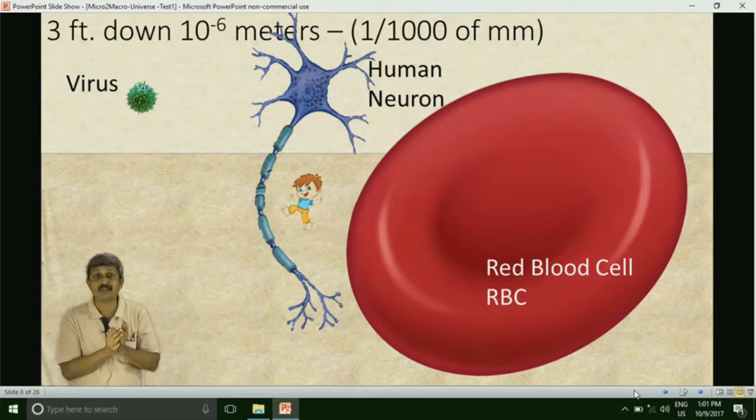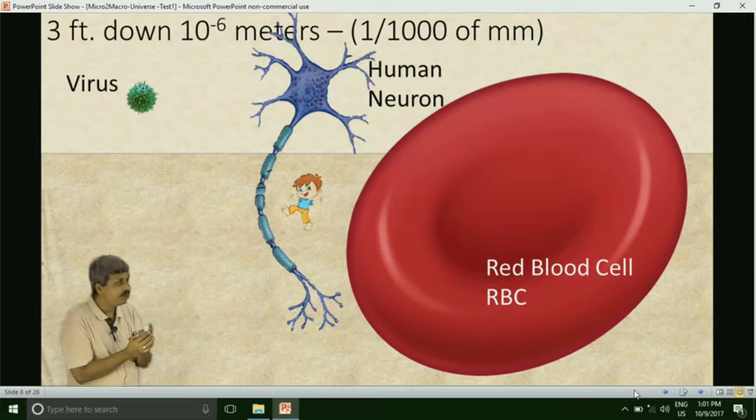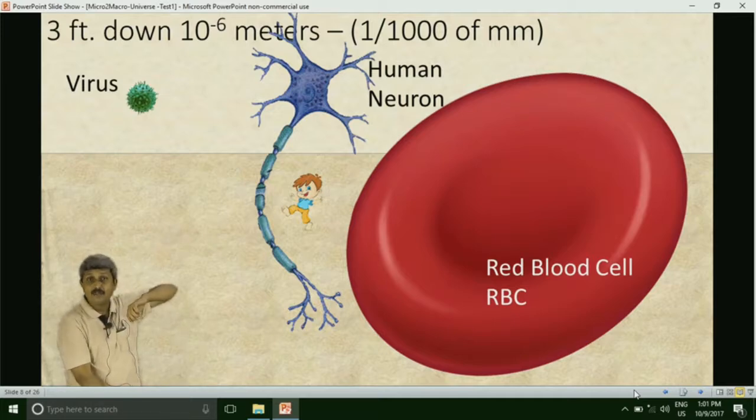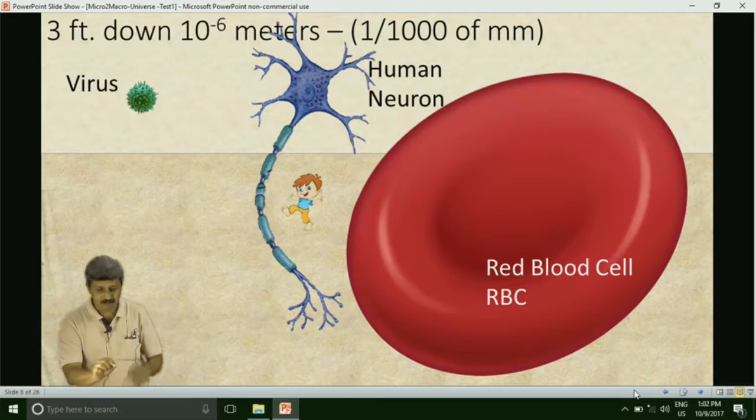When you become that small, what you see is the red blood cell, RBC, which is inside our blood. If you take one cell, it looks this big. And you know what a human neuron is? Whenever we touch something, the communication goes to our brain through nerve cells called neurons.